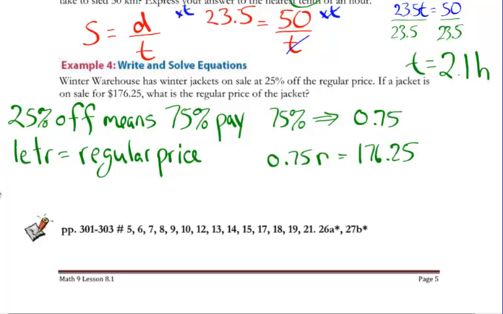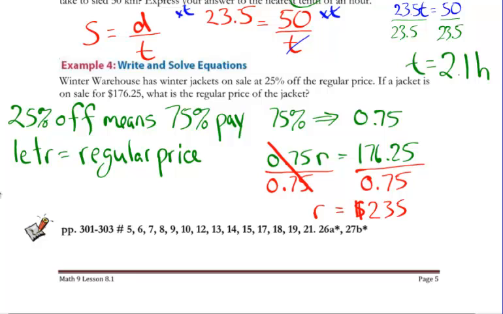Well, now we know that 0.75 is connected to R by multiplication. So to eliminate the 0.75, we use the inverse operation, which is divide by 0.75. We must do that to both sides. And that cancels out the 0.75 on the left, so we're left with R. And on the right, we find out that R equals $235.